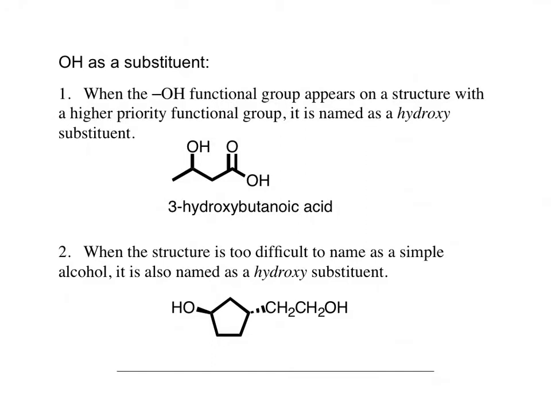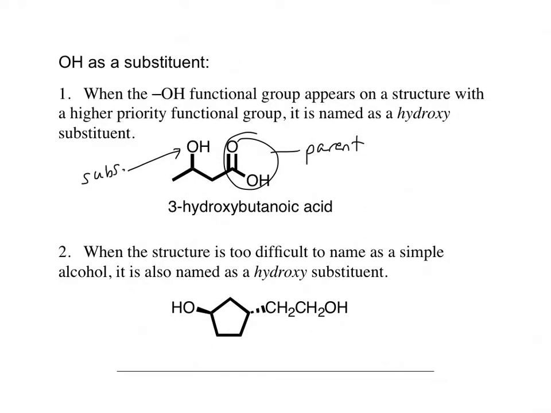OH as a substituent. You're going to run into functional groups, not in Chem 420, but in 421, where the molecule has a higher priority functional group, like a carboxylic acid or something like that. So when you're naming these, the parent is actually the carboxylic acid. What that means for the alcohol is it becomes a substituent.